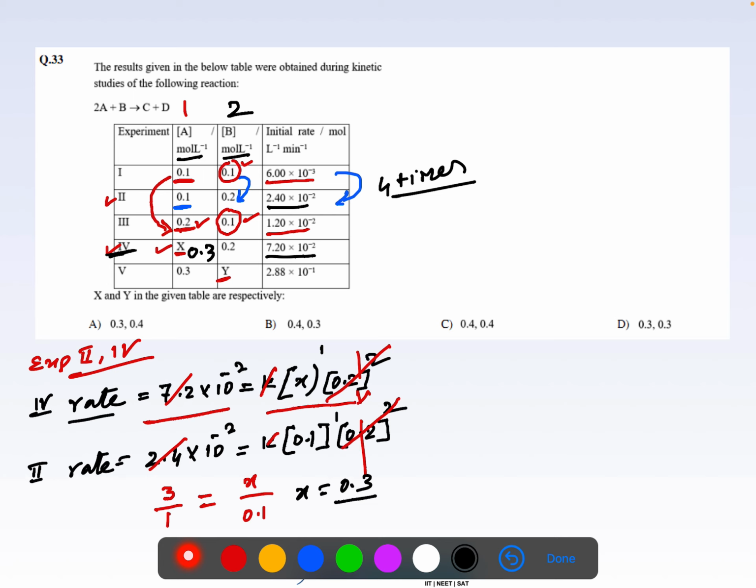Now we take experiment 4 and experiment 5.